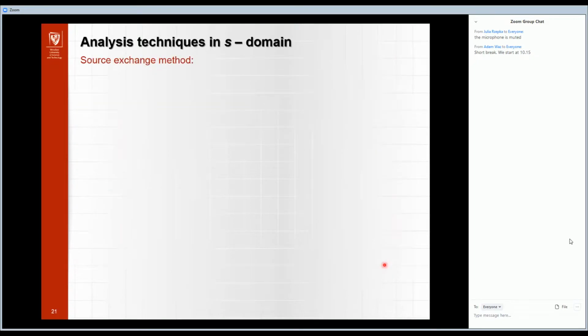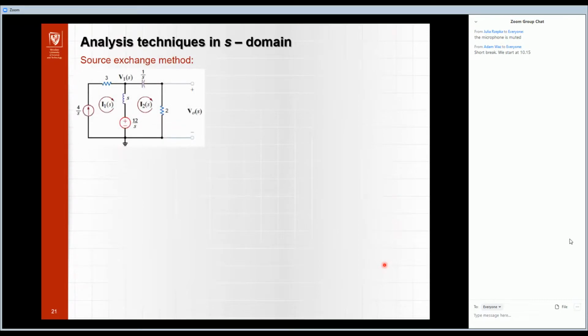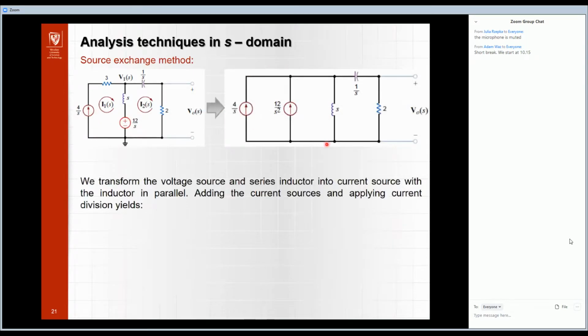Okay, and now the fourth method, the source exchange method. So it is the original circuit, and for instance, in this circuit it is a good idea to replace this source by a current source. And here we have such a circuit with two current sources, and this voltage source I represent by these elements.